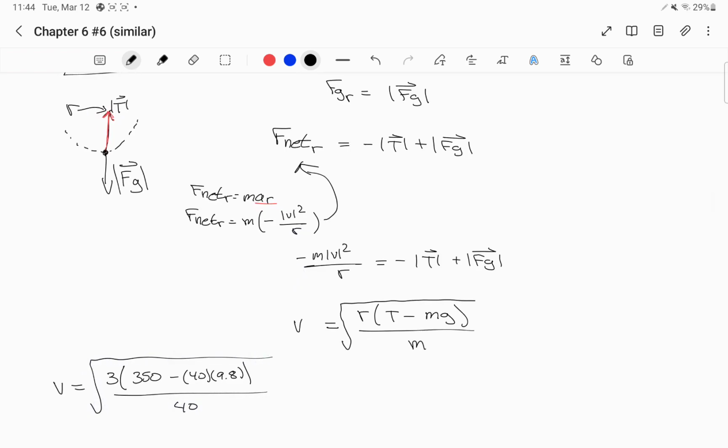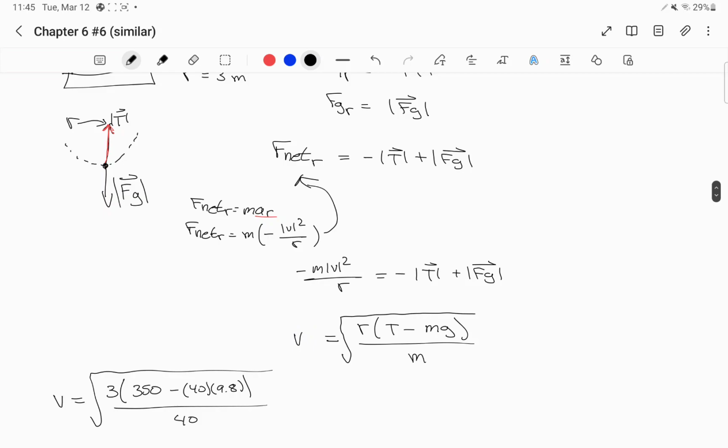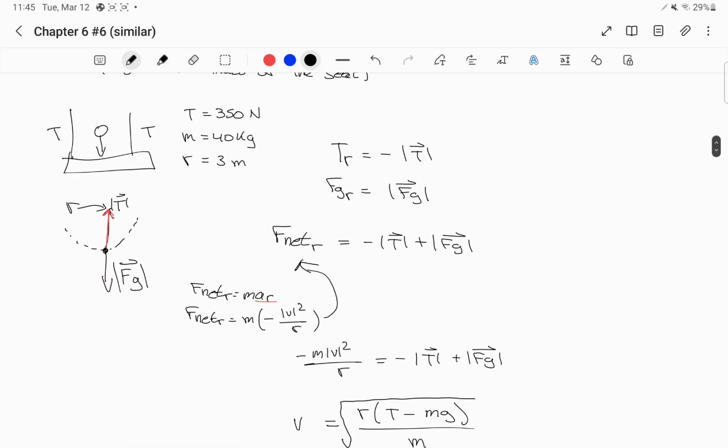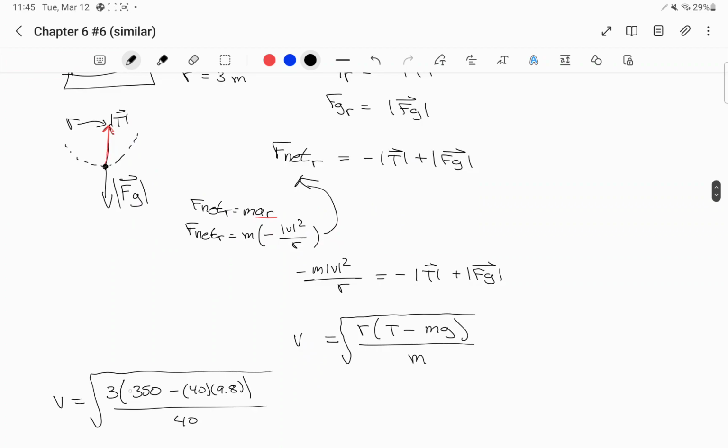And we take the square root of that. Now, because T is equal to the tension of one of the chains, we need to take into account both of the chains. So we would have to multiply this by 2.